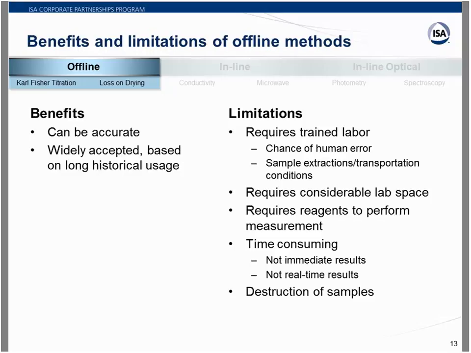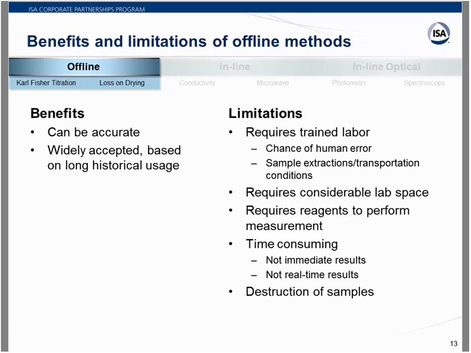Limitations: trained labor. People doing the offline methods, you have human error, and it's not necessarily intentional. It's that one person's vision or color consideration may be different than another technician's vision, whereas the inline spectrophotometer measuring color measures the same every time.